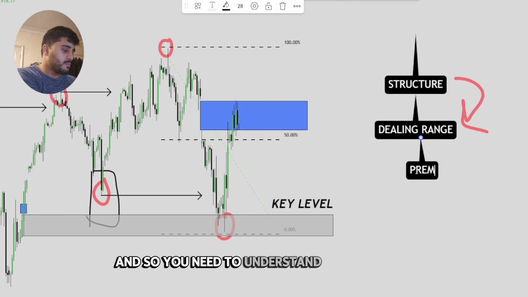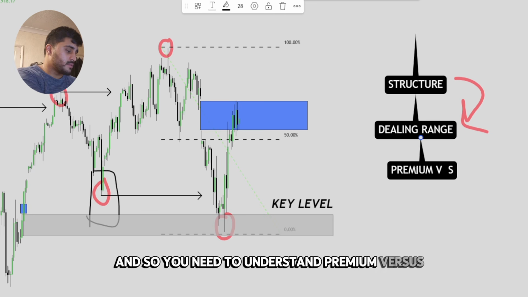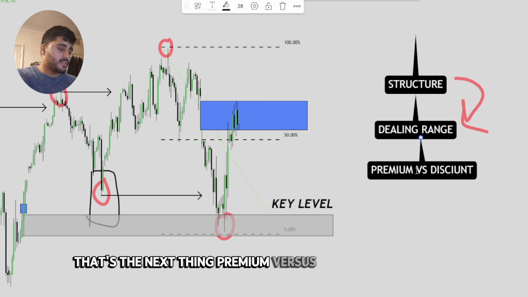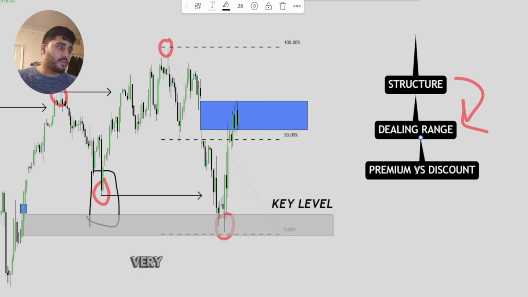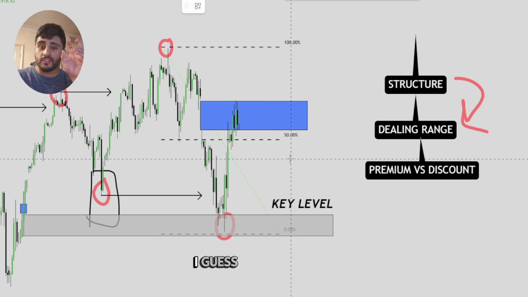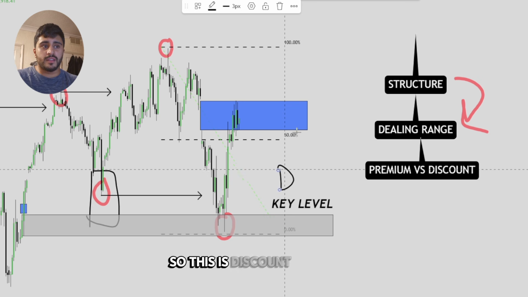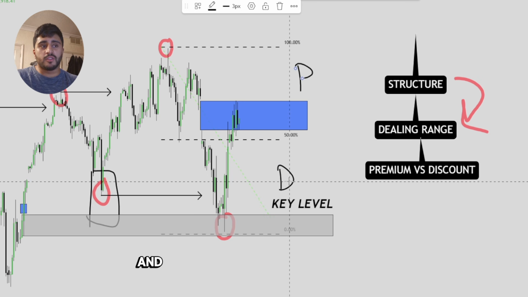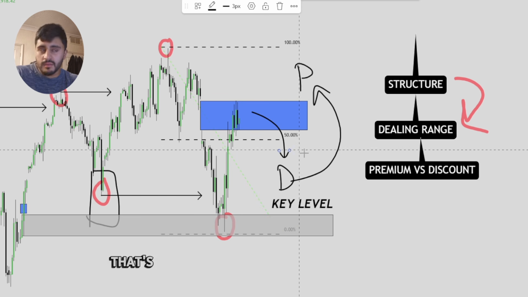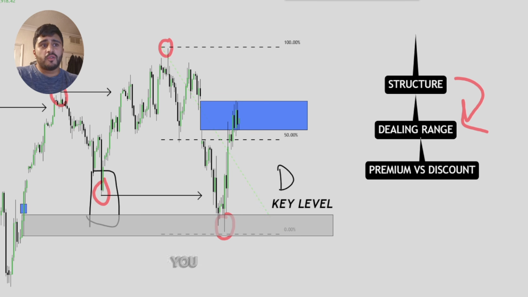So you need to understand premium versus discount. That's the next thing. It's a very important principle because you want to essentially be on the right side of smart money. So this is discount, this is premium, and you want to be buying from discount and potentially shorting from premium.